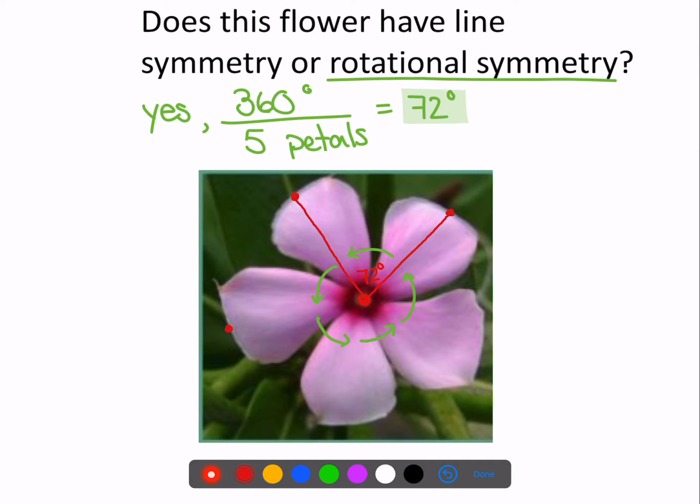From here to here would give me another 72 degrees. So each one of these gives us 72 degrees, and if we have 5 of these, 72 degrees times 5 gives me 360 degrees total. So it makes sense that I went in a full circle with 5 congruent petals.